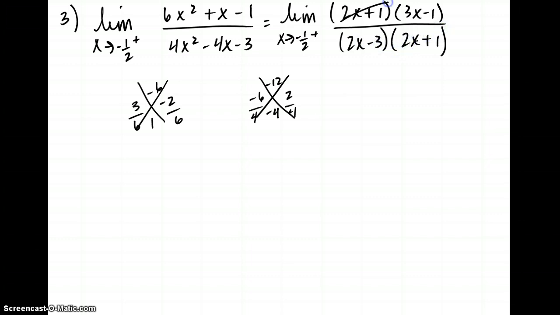So now from here, the 2x plus 1's cancel each other out. The value of negative 1/2 is what would have made on direct substitution the indeterminate form of 0 over 0.